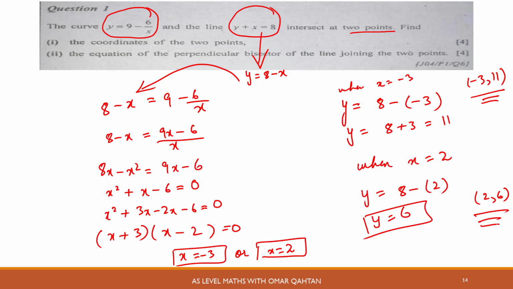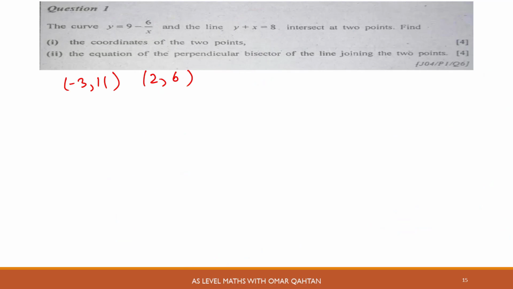Alright, in the next question, we have to find the equation of the perpendicular bisector of the line joining the 2 points. So these are the 2 points that I am going to write on the next page. Let's say these are the points A and B. So let's suppose this is A and B, and there is a perpendicular bisector that is cutting this line.